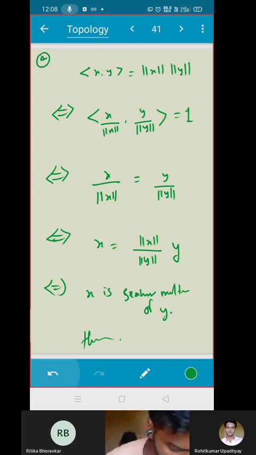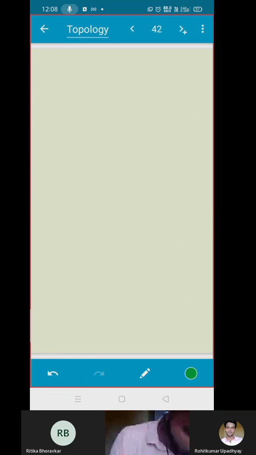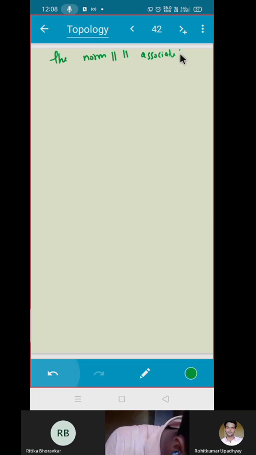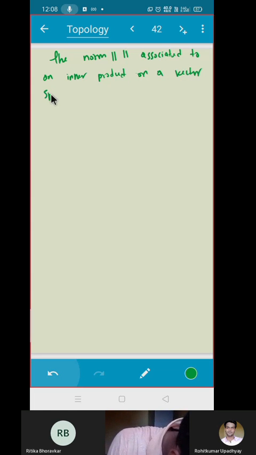Okay. Now there are some more properties of norm. I should mention that since it is mod, you already know the properties of mod, correct? The norm induced by an inner product on a vector space satisfies the following.